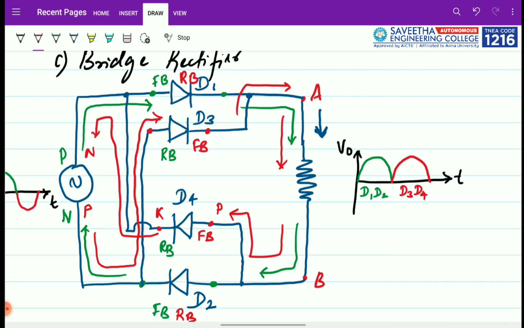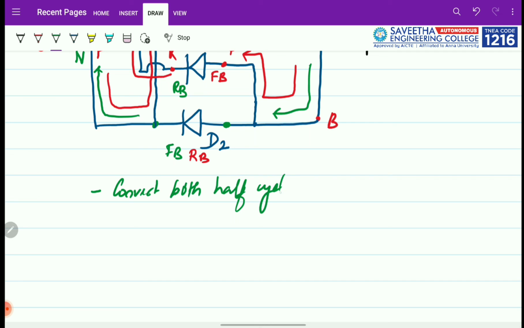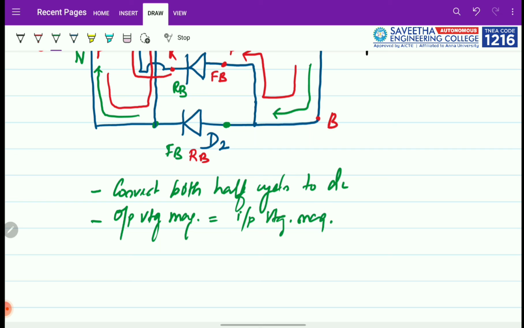Now the advantages, we can note here: this bridge circuit is able to convert both half cycles to DC, and the output voltage magnitude is the same as the input voltage magnitude.